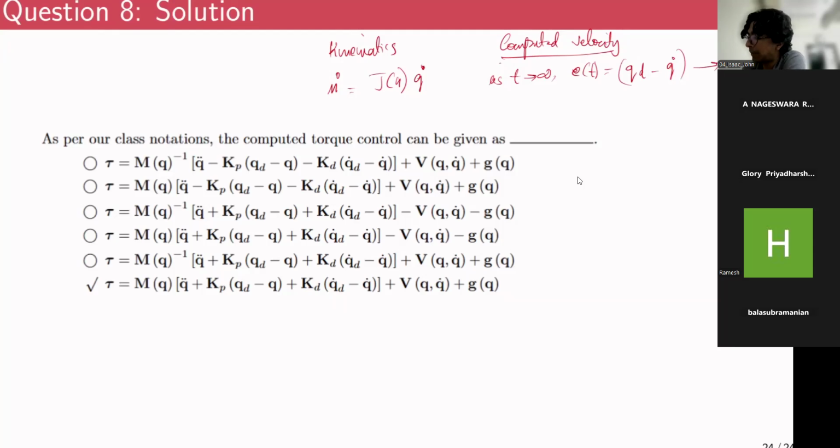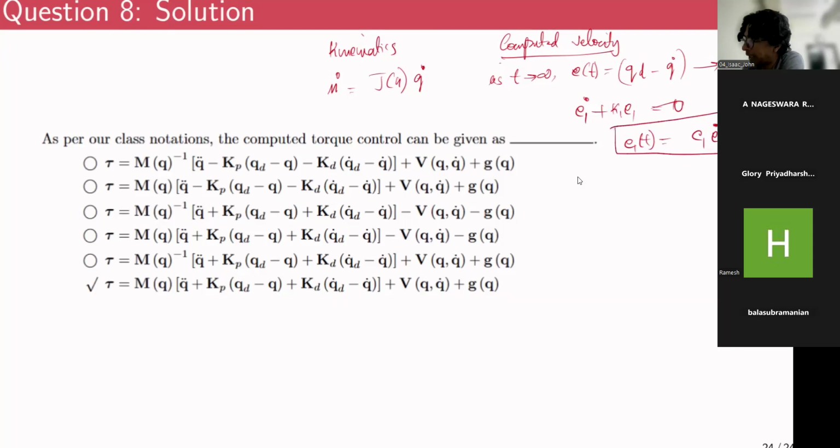In order to make this happen, we want the system to behave as per this first order dynamics, E1 dot plus K1 E1 should be 0. So the general or homogeneous solution for this first order differential equation would look something like this: E1 of t would be C1 e raised to minus K1 t.